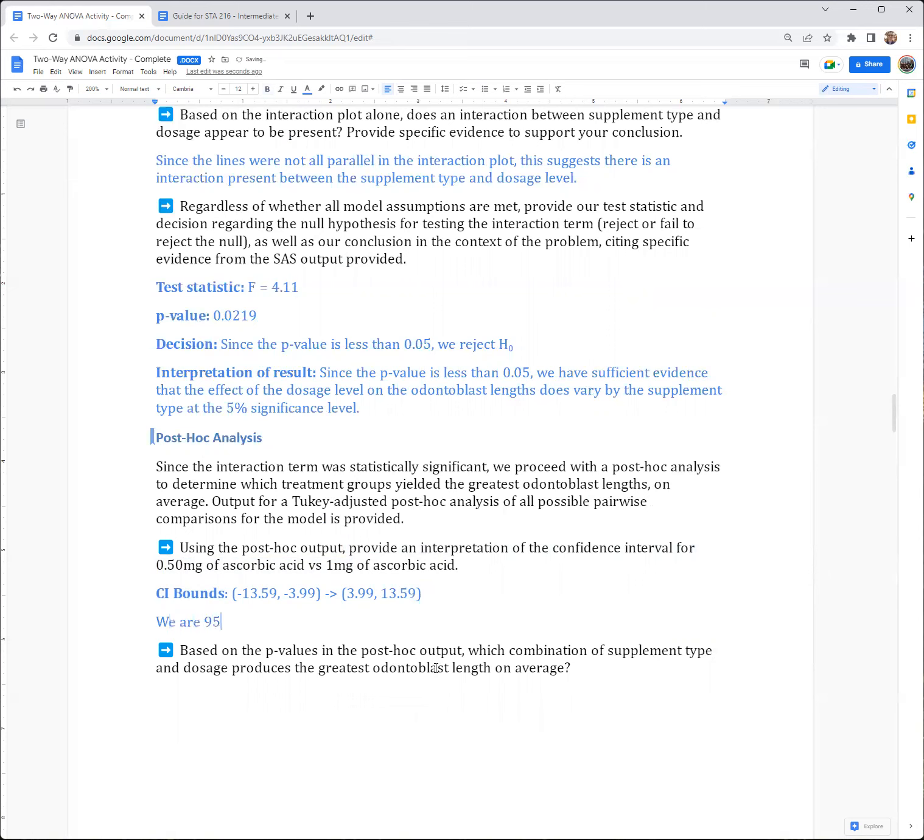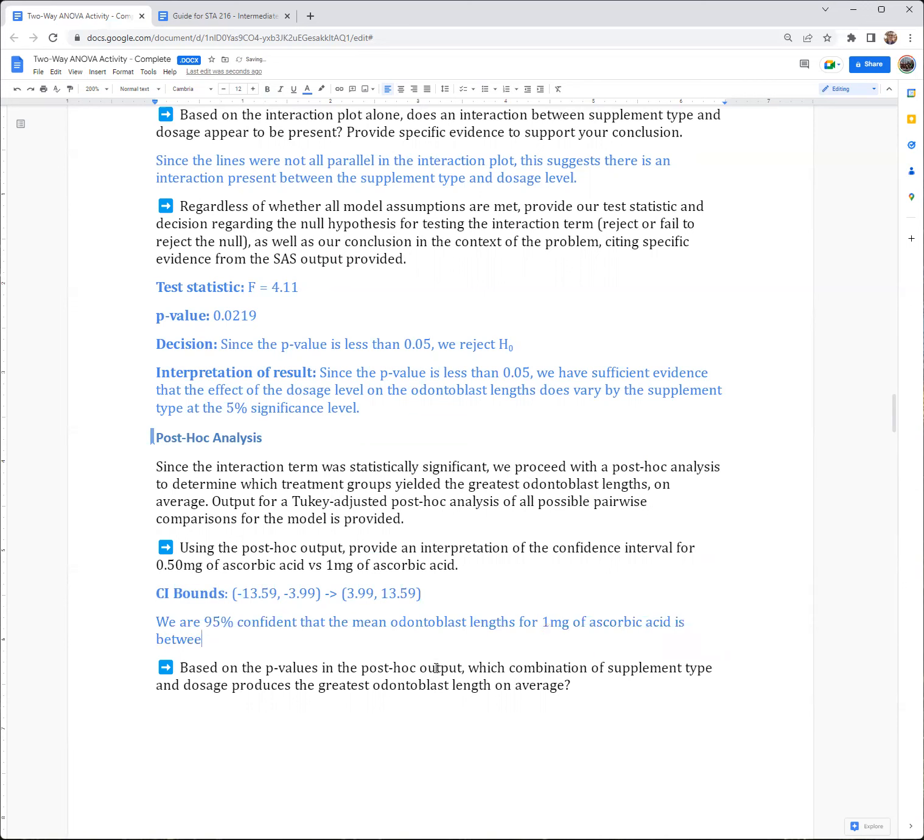So we are... I guess it was milligrams per day.